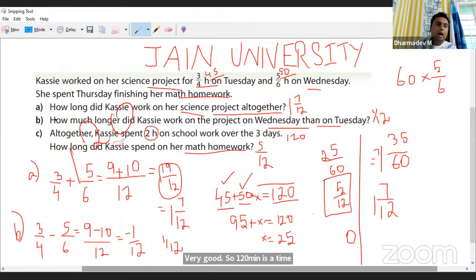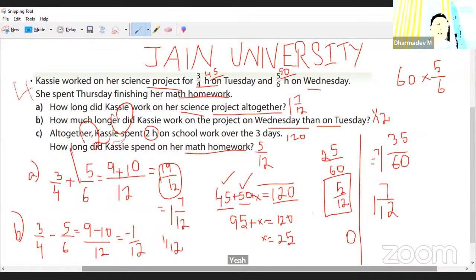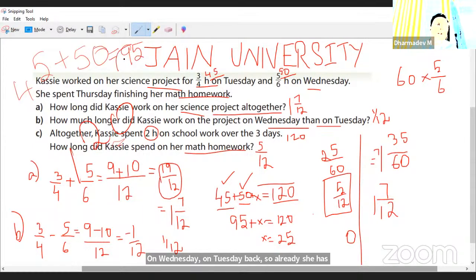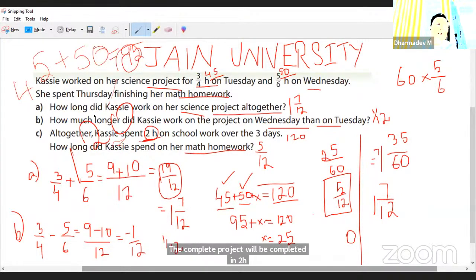And already Casey has taken 45 minutes and 50 minutes on Wednesday and Tuesday, right? So already she has consumed 95 minutes out of 2 hours. The complete project is to be completed in 2 hours, including the math homework and the science. In the first 2 days, she has consumed 95 minutes.